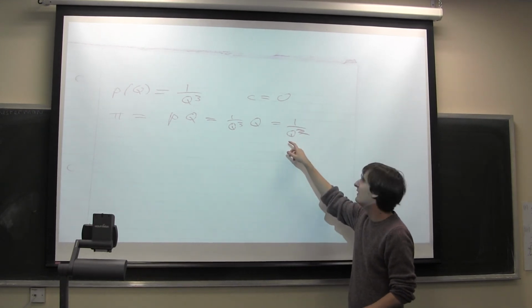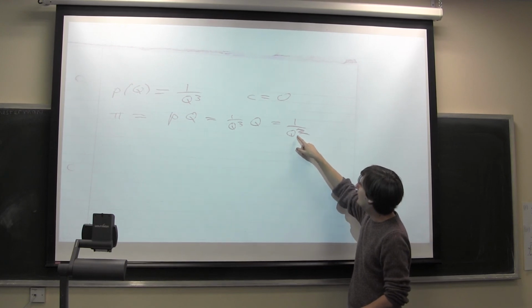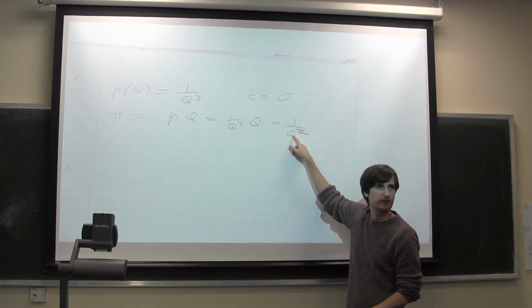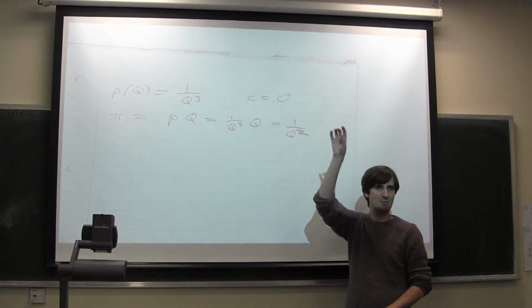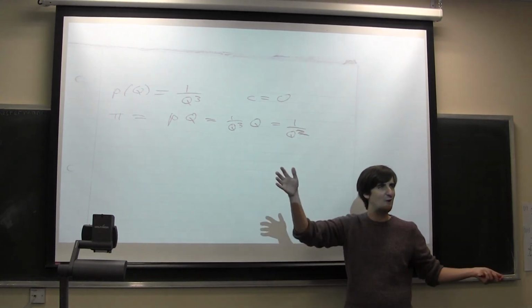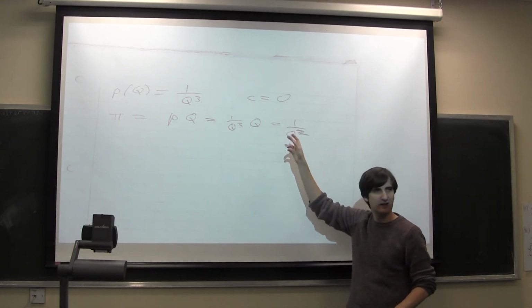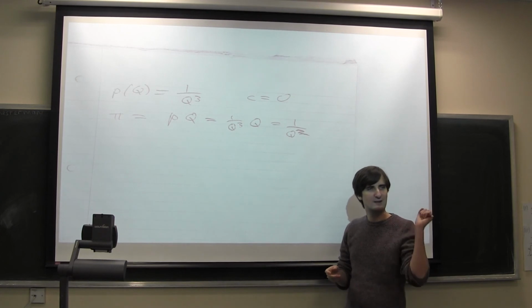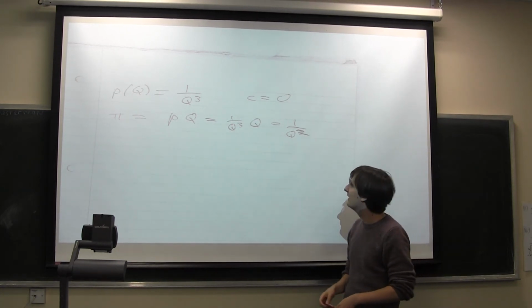Profits are monotonic, decreasing in quantity. As quantity increases, profits decrease, and that's true everywhere for positive quantity. So for any positive quantity, the firm could always increase its profits by reducing that quantity.